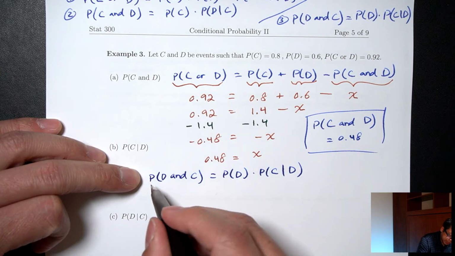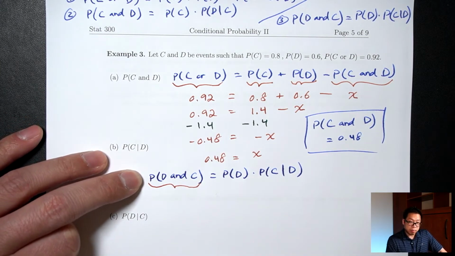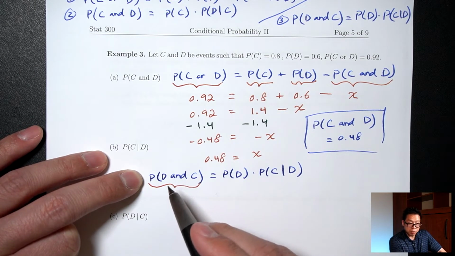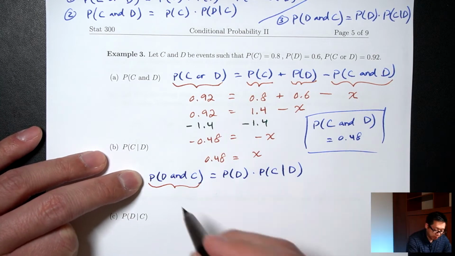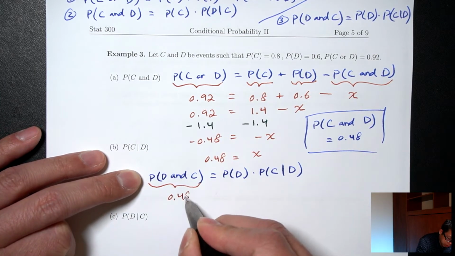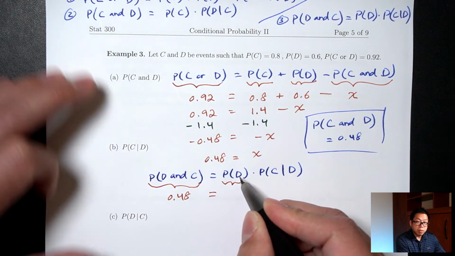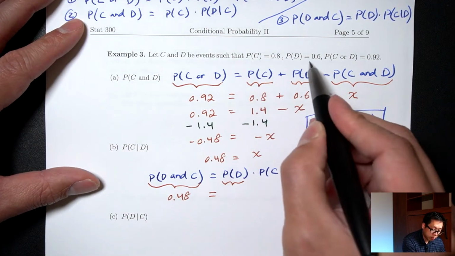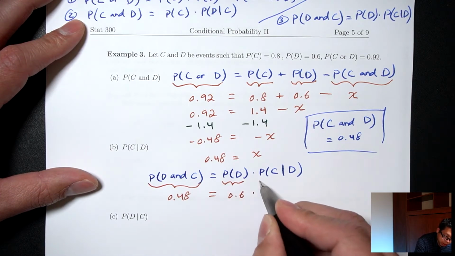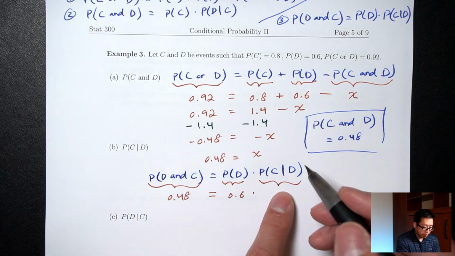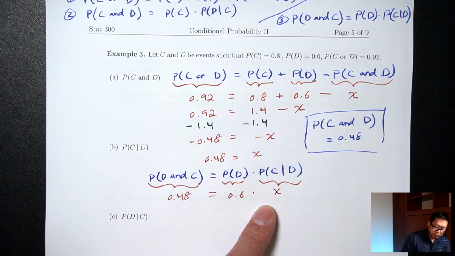Left side, probability D and C. D and C, remember, the order doesn't matter, so D and C is actually the same thing as C and D, which we know is 0.48. Equals probability of D. D we know from the original question, it's 0.6, times probability of C given D. That's actually what I'm looking for, so that's just going to be regular x.